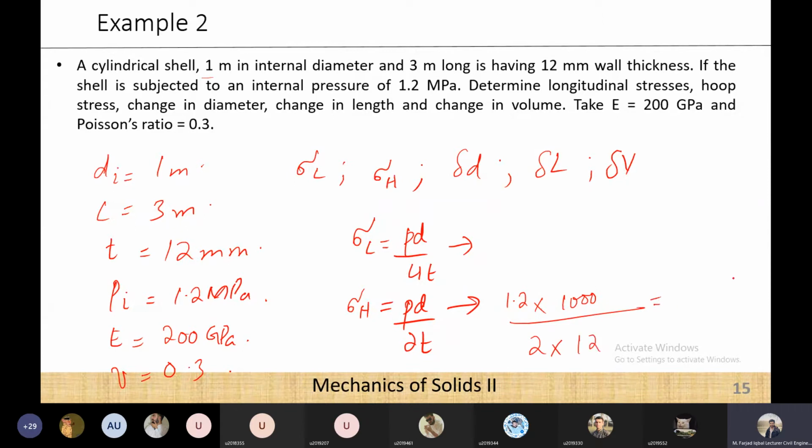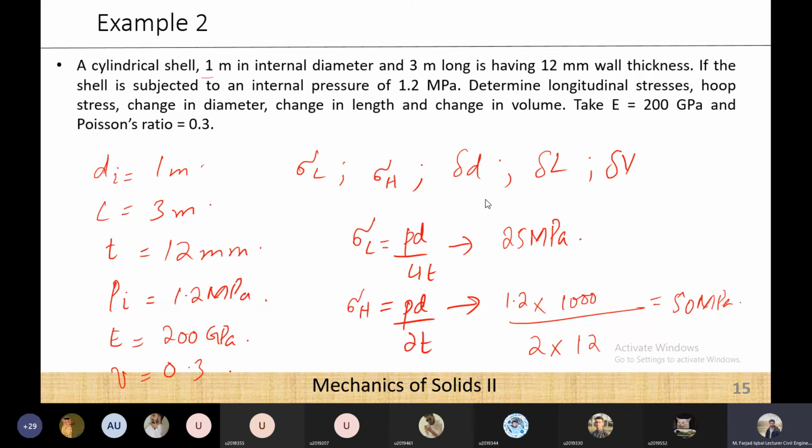So if I solve this one, I will get the hoop stress as 50 megapascal. What about longitudinal stress now? That would be simple. It will be half of this, so that will be 25 megapascal. So this is the longitudinal stress.